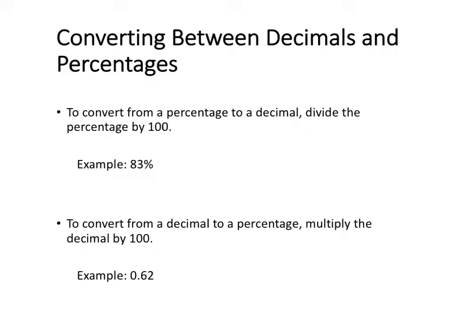So to convert between a percentage and a decimal, we divide the percentage amount by 100. So for example, 83%, to convert that into a decimal, you divide 83 by 100, which is equal to 0.83. Alternatively, to go from a decimal to a percentage, you multiply that decimal by 100.